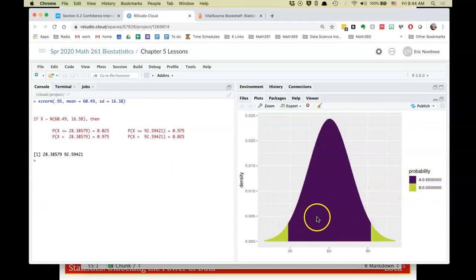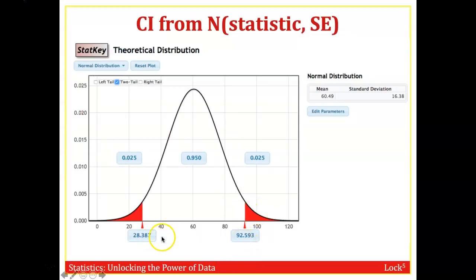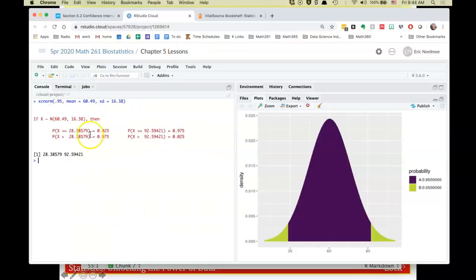We get the middle 95% and then 5% on either side, so the endpoints are 28.38 and 92.59. That exactly parallels what you'd get if you use the normal distribution under the theoretical distribution in StatKey.